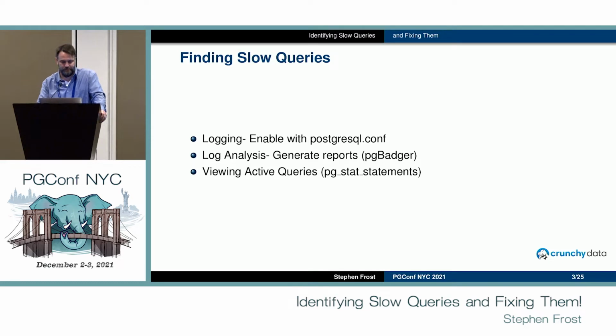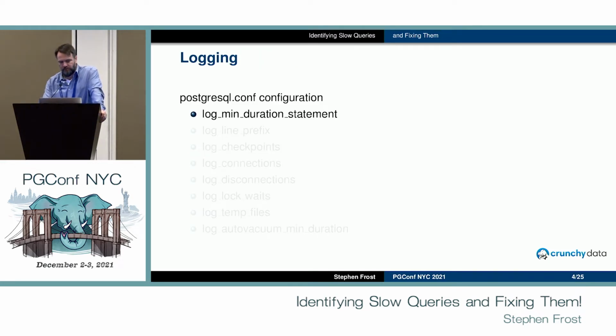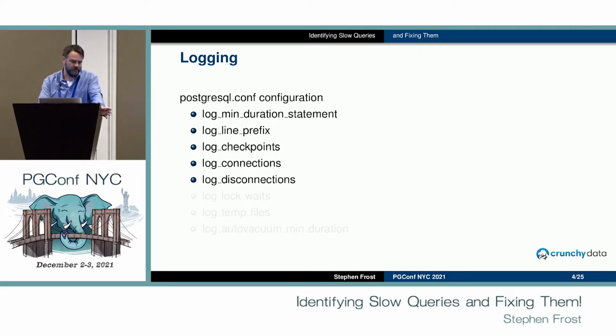So first and foremost, when it comes to logging, there are a bunch of different configurations in postgresql.conf that are relevant here. I'm going to go through them: log_min_duration_statement, log_line_prefix, and checkpoints, which are actually pretty important.